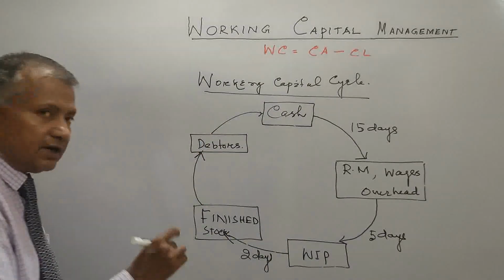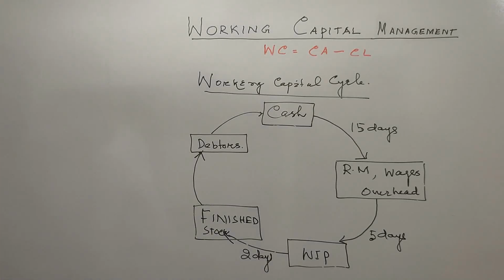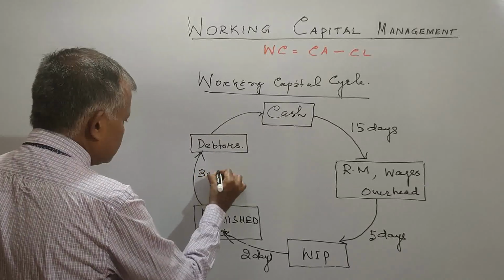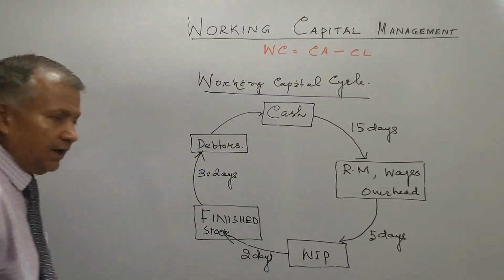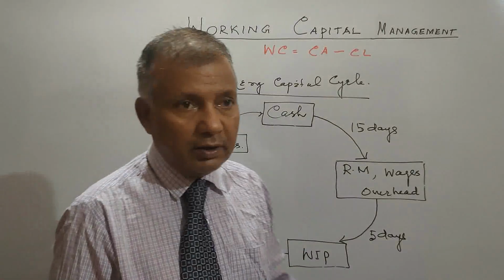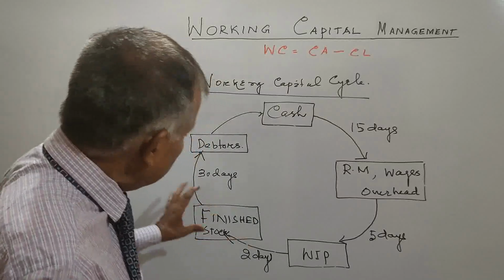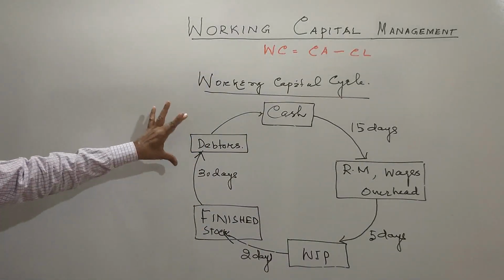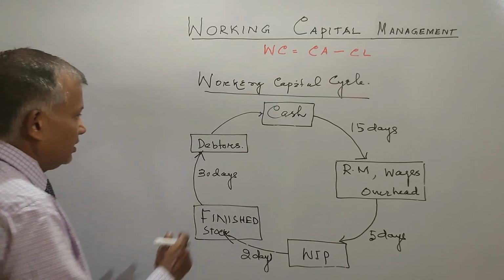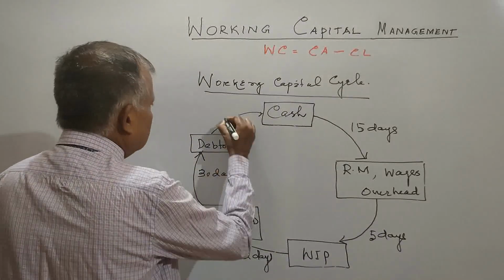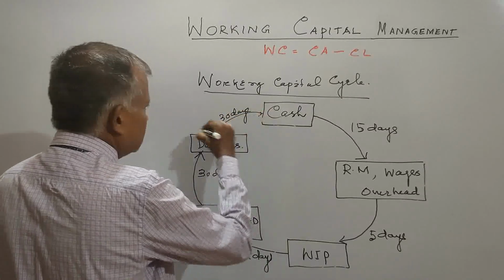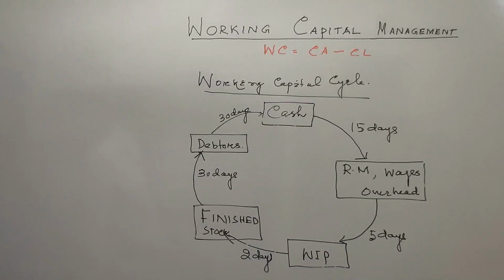And the finished stock is sold to the debtor; maybe it takes 30 days, because all the stock cannot be sold immediately. So the finished stock is sold to the customer in 30 days, and debtors pay after 30 days.